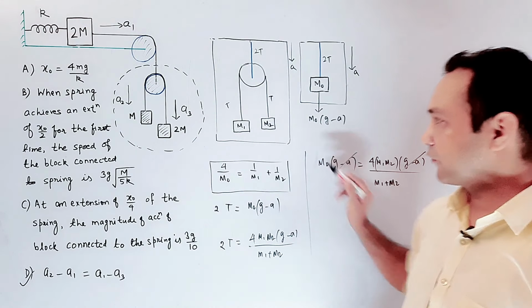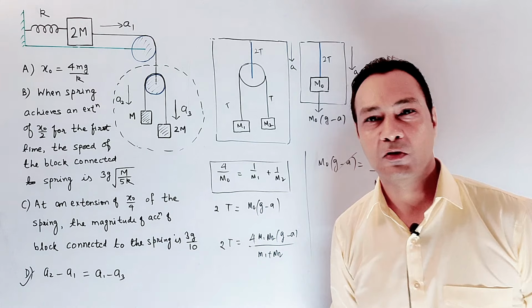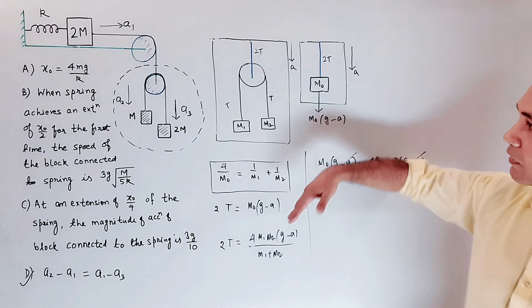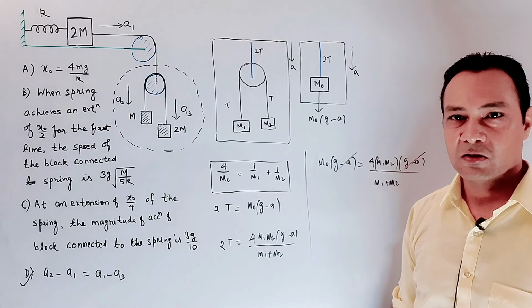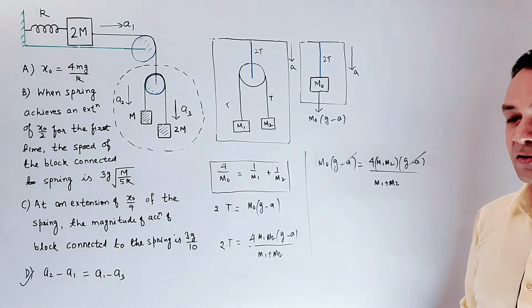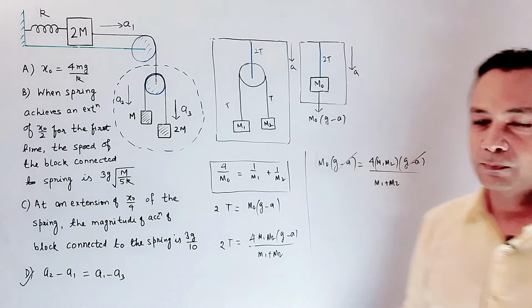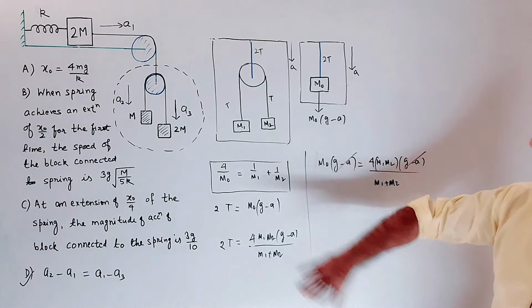I've got this when this whole setup was going downward, but as I said, this result is valid even if the setup is stationary or going upward with some acceleration or going downward with some acceleration. So that result I'll use here.